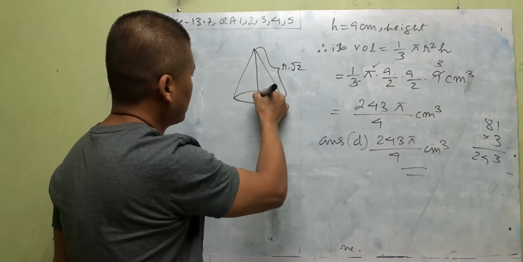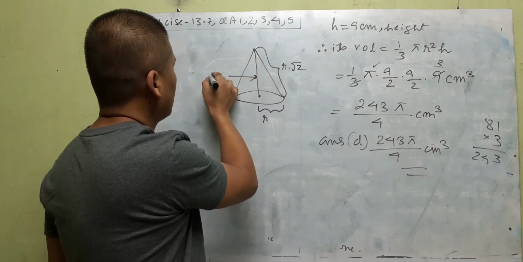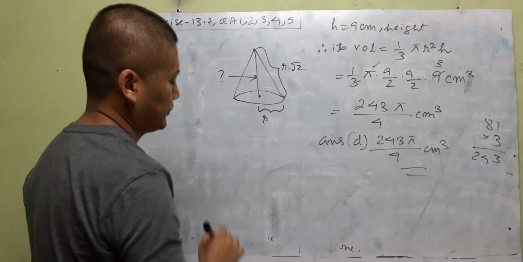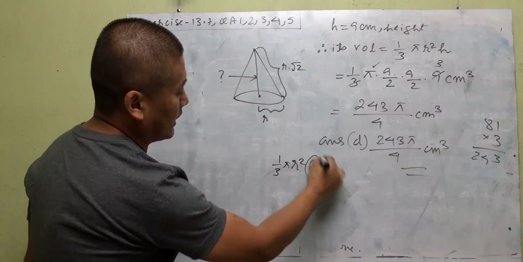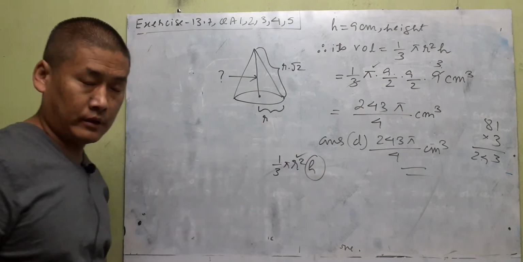The line joining the vertex to the center is called the height. This height is not given, but we need it because the formula for volume is 1 by 3 pi r square h. We need h. R is already there, right?